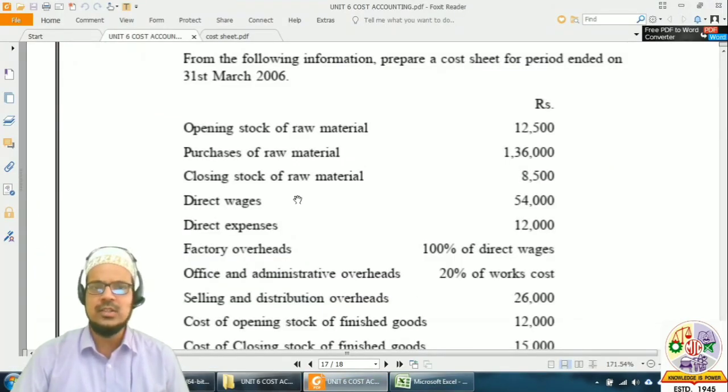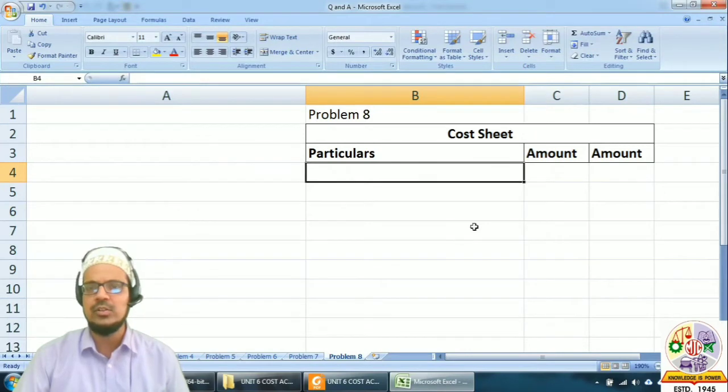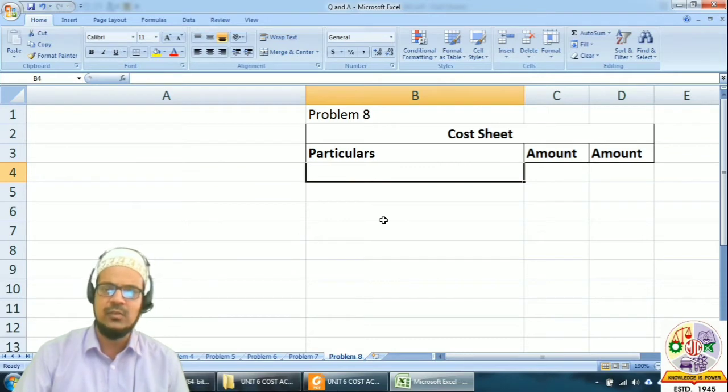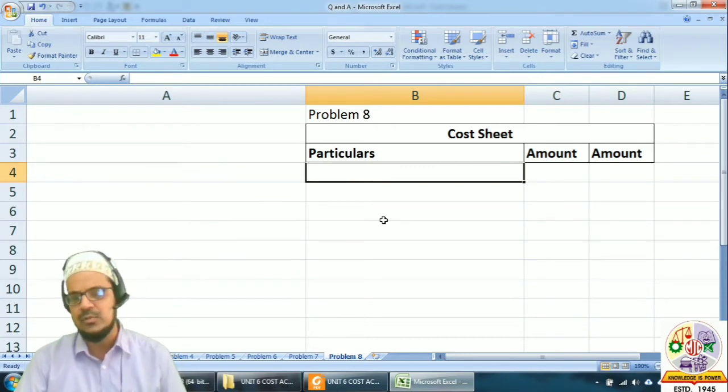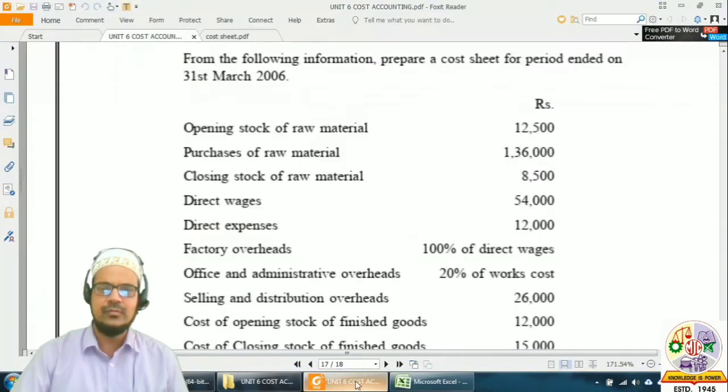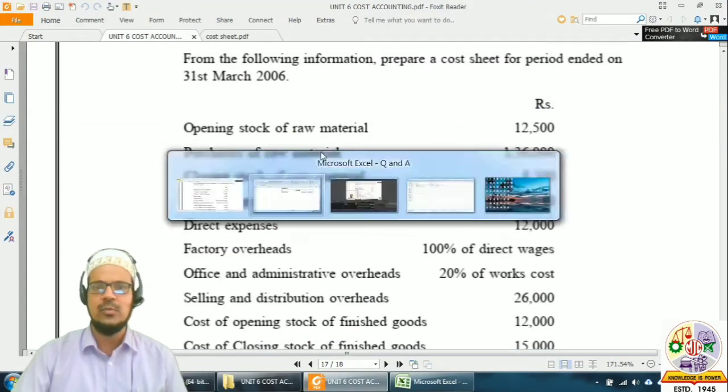So the first entry which comes is the value of opening stock. Now first of all in cost sheet, we will need to prepare a prime cost and later on add various factory overheads, administration overheads, selling and distribution overheads and arrive at a total cost. So one by one we will start off. First we will write opening stock of raw materials.